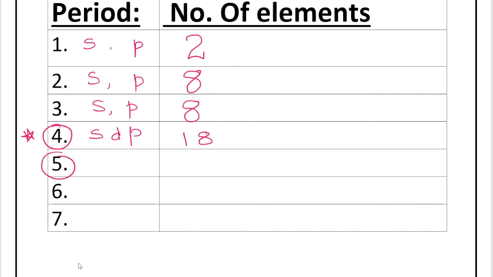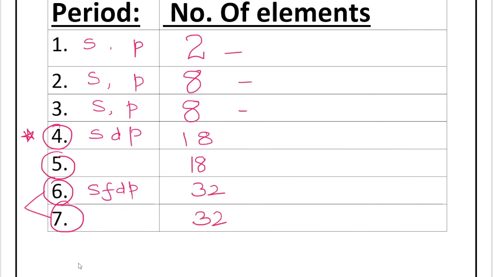For period number 5 also 18. For period number 6 and 7, we just said that here we have F. That means 32, 32. So the numbers are 2, 8, 8, 18, 18, 32, 32. These are also known as magic numbers. When we talk about electronic configuration in our upcoming videos, we will discuss it in detail.